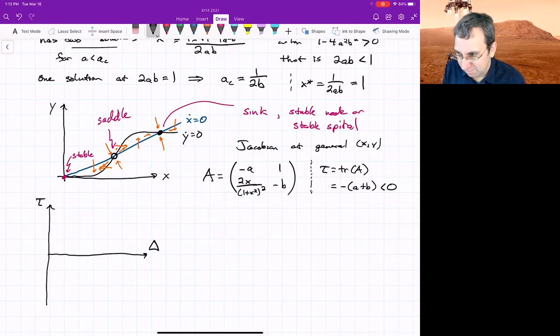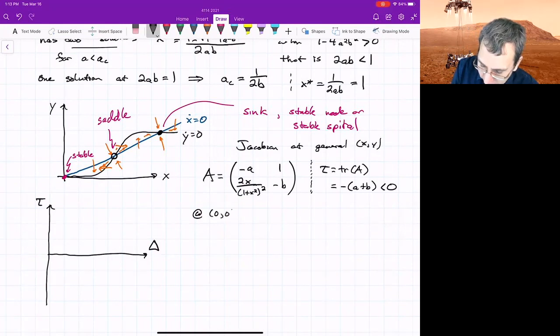So we can calculate delta at 0, 0. What's the determinant? The determinant is just going to be A times B, which is greater than 0.